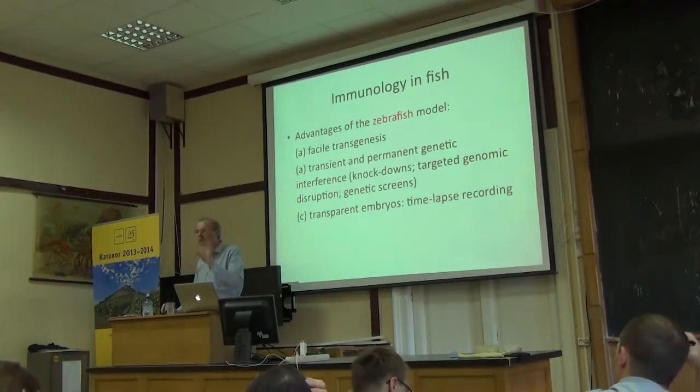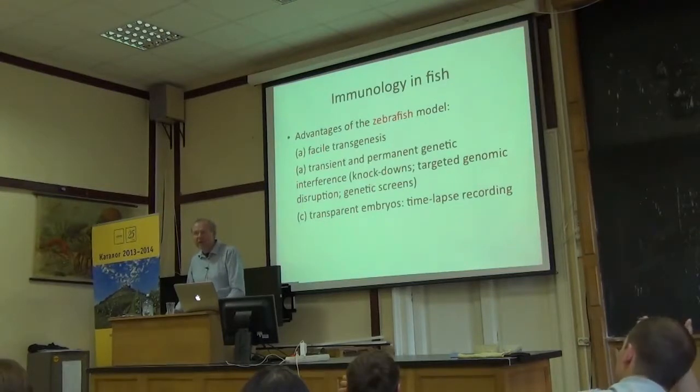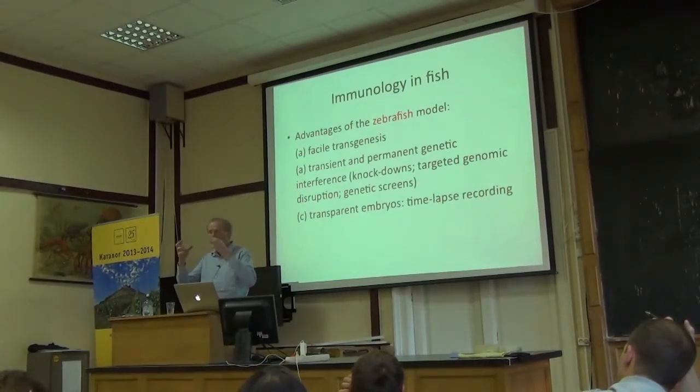Or you can block both of them by using oligonucleotides that target a common region, for example the ATG region, where the initiation methionine is encoded. But that is not a permanent interference, because as the embryo grows, the effect of this oligonucleotide becomes diluted because the volume just increases, and you can't inject again.